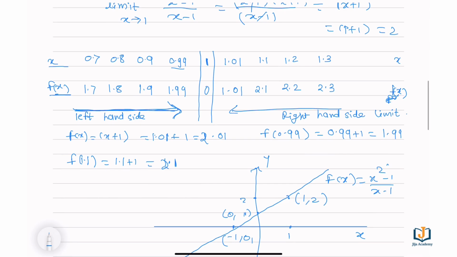Now on the left hand side x increases from 0.7 to 0.99. In a similar way, on the right hand side x decreases from 1.3 to 1.01. So f of x also decreases from 2.3 down to 2.01.